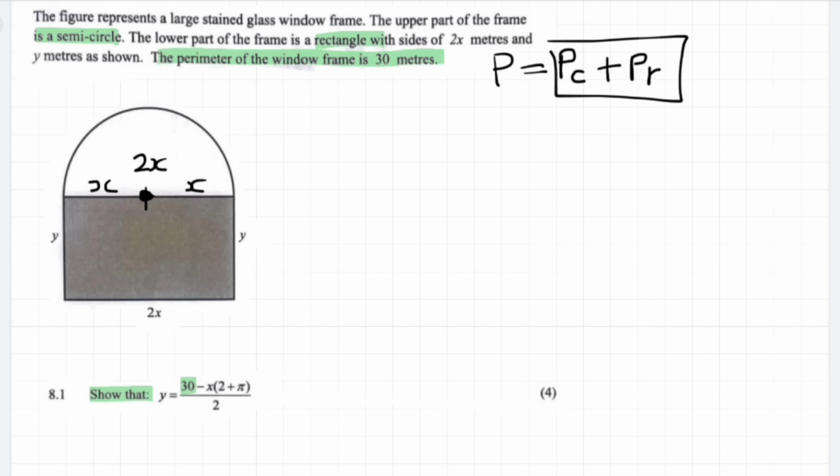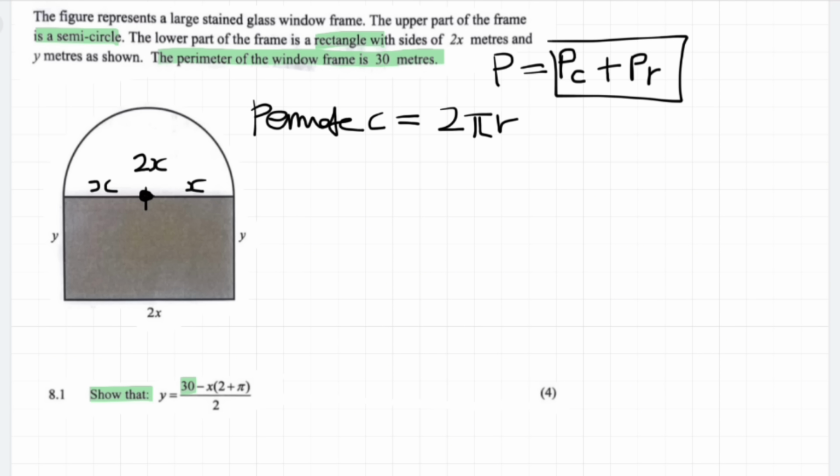So first thing that you must understand, where it's going to get a little bit weird if you don't know some of the things. We need to first find the perimeter of the semicircle. But we know the perimeter of a circle is equal to 2 pi r.